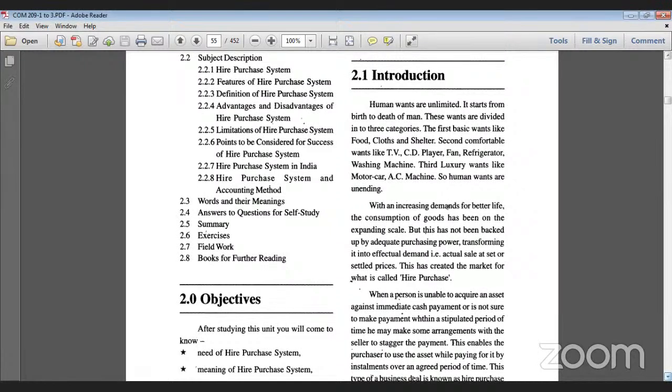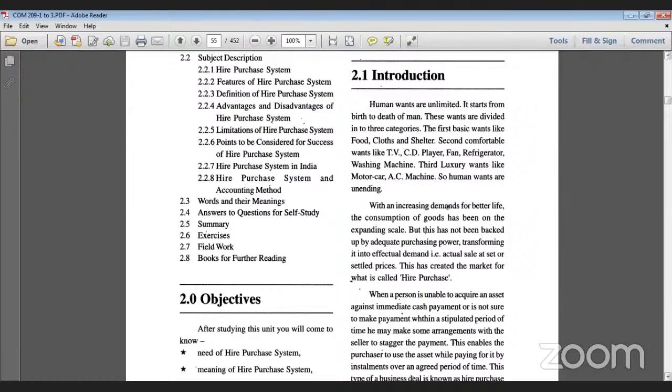So for that we hire these amenities for our comfort. But these amenities are very costly and we are not able to pay any amount for that this time.